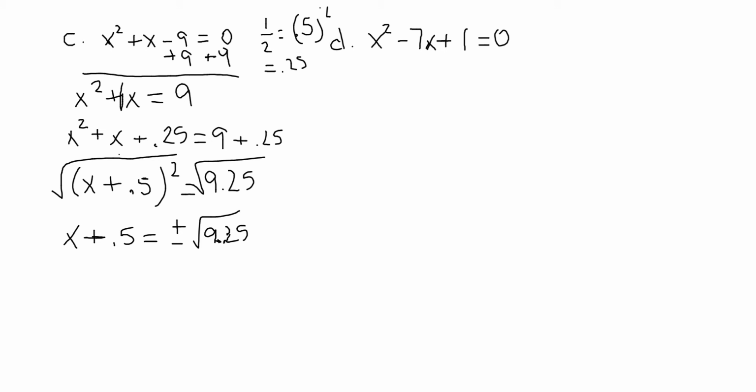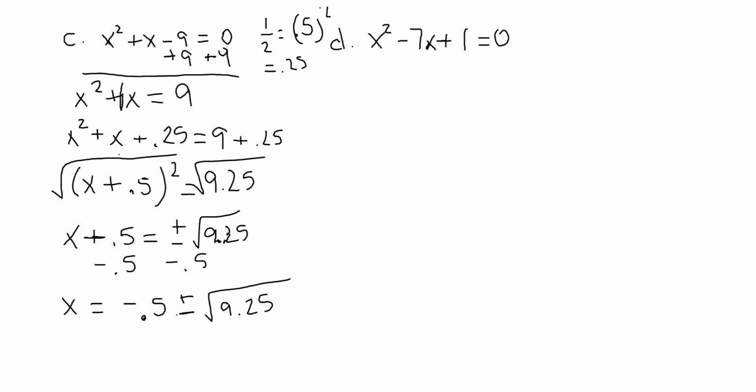And we're going to go ahead and subtract 5/10 from both sides. So my final answer will be x is equal to negative 5/10 plus or minus the square root of 9 and 25 hundredths. And that's our final answer. We can't do any more.